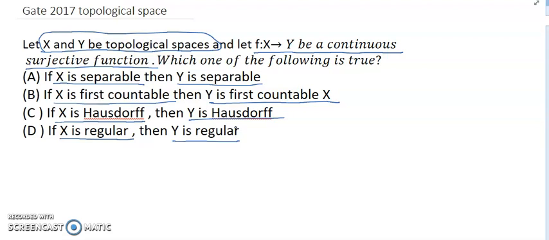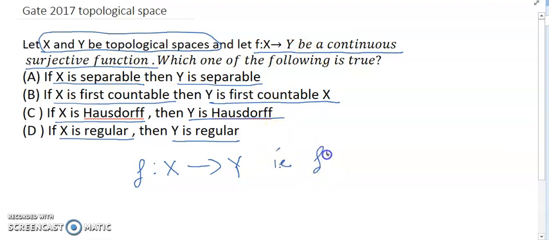So we need to take some example. It is given that f: X → Y is a continuous surjective function. So we can take an example f: X → X, so it is continuous.